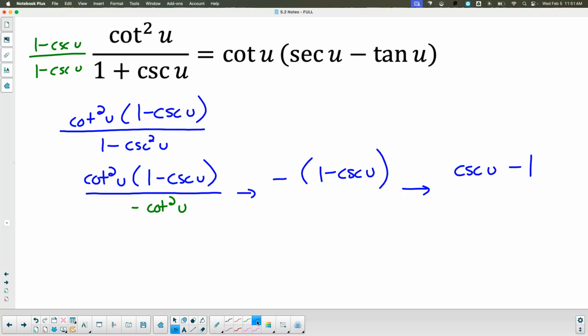Okay? So if I put a cotangent out in front here, in my brain, what is cotangent? Cosine over sine, right? So I've got cosine of u over sine of u. I need to multiply that by something, and that's got to give me cosecant. What is cosecant? 1 over sine, right?